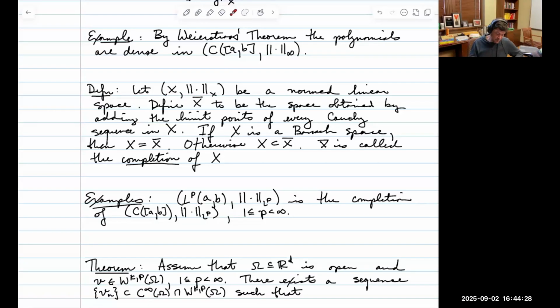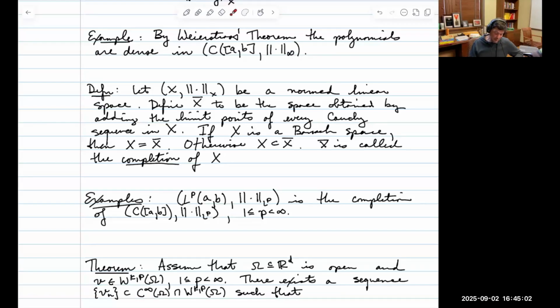If I take Cauchy sequences, I can then ask what the limits of the points in that space are. Well, you might not know, but what we can guarantee is that there's some space out there where those limit points live. I can add them into the set X, and whatever set I get ultimately, I'm going to call X bar, and that's what we call the completion of X.